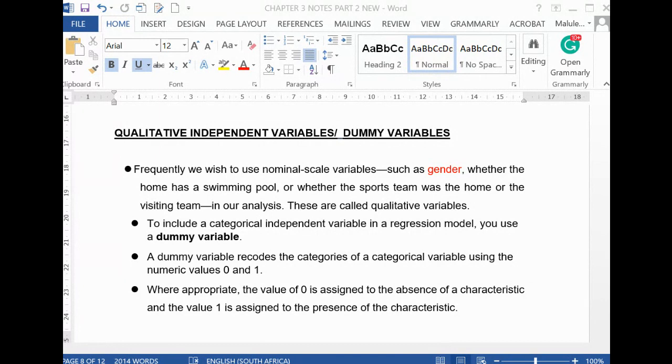So to include a categorical independent variable in a regression model, you use what are called dummy variables. Dummy variables is what you have done when you change yes to 1 and no to what?